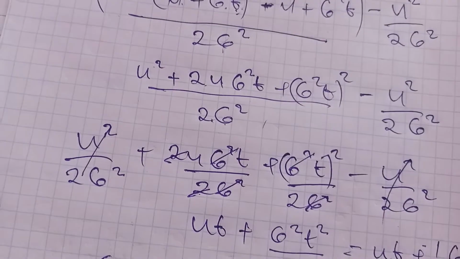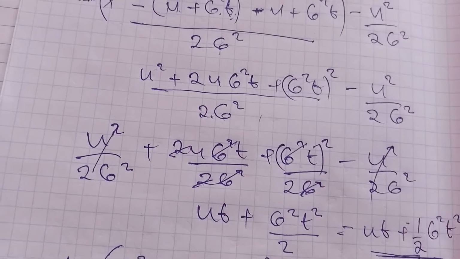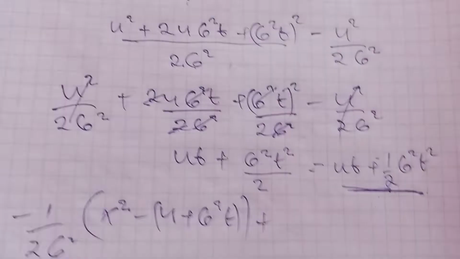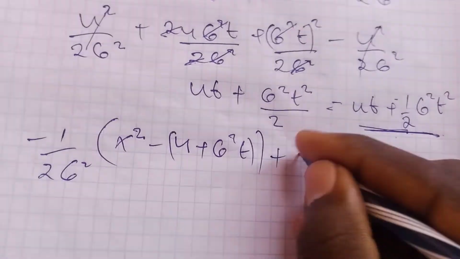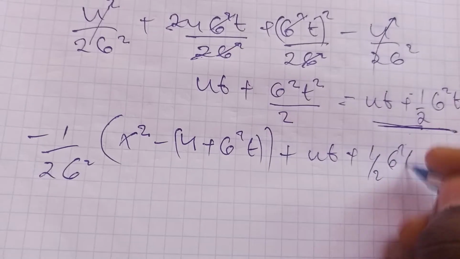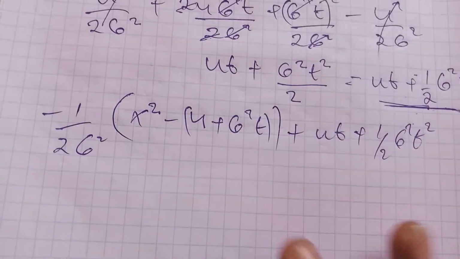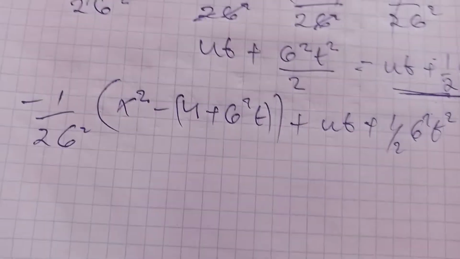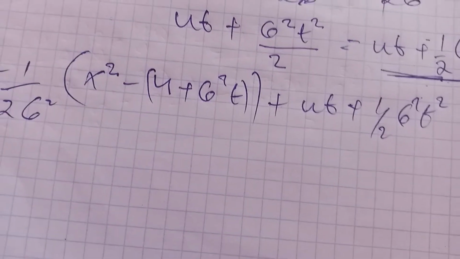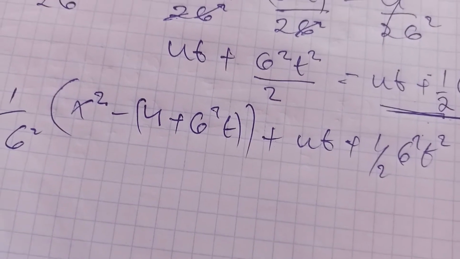We have done this, and what remains is this, so add there plus ut plus half sigma squared t squared. Now it will be like that. So I'm going to replace it into our original equation there.